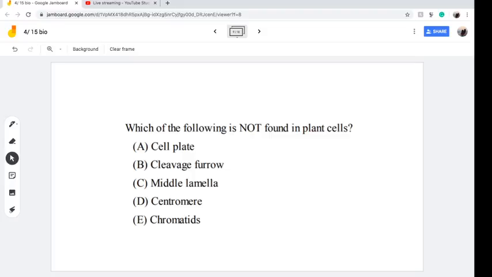So if you recall, plant cells form cell plates instead of cleavage furrow, and cleavage furrow only happens in animal cells. So in this case, choice B, which is cleavage furrow, will not be found in a plant cell. So B.